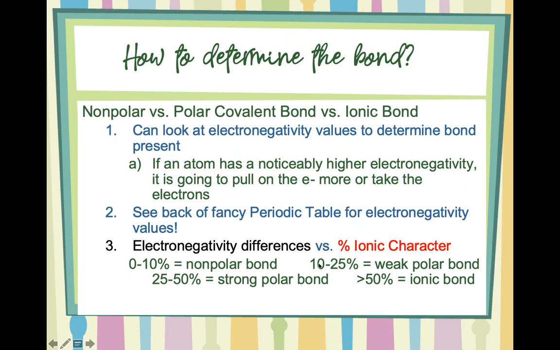It's nonpolar. If it's kind of in the middle, you can have a weak polar or a strong polar, meaning yes, there's a difference between the two nuclei, but it's not super obvious. So you get those polar bonds. And then if the percent ionic character is higher than 50, then we say one of those atoms is strong enough, the nucleus actually pulls the electron away, and you create those ions in an ionic bond.